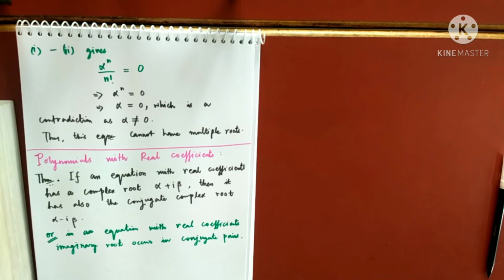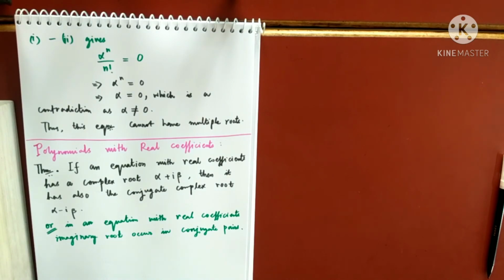Then this theorem guarantees that 2 minus 3i is definitely going to be a root of that equation as well. So in other words, the complex roots occur in conjugate pairs. If alpha plus i beta is a root, so is alpha minus i beta. Its conjugate will definitely be its root.